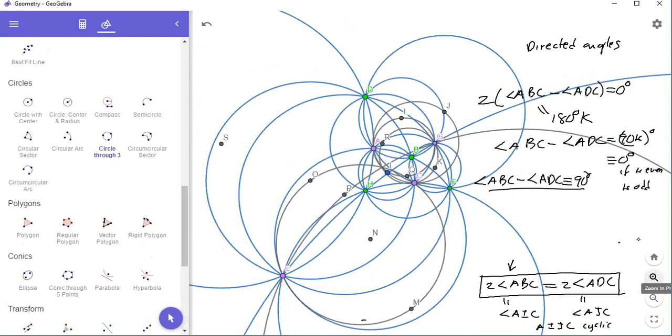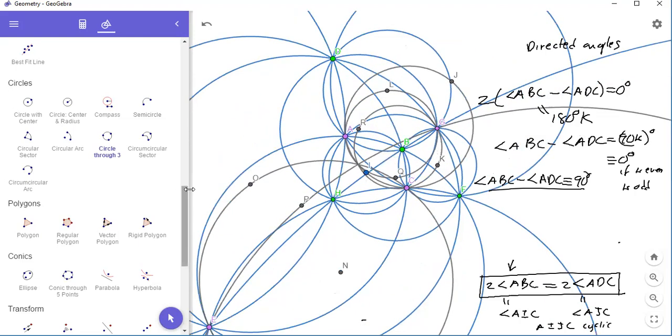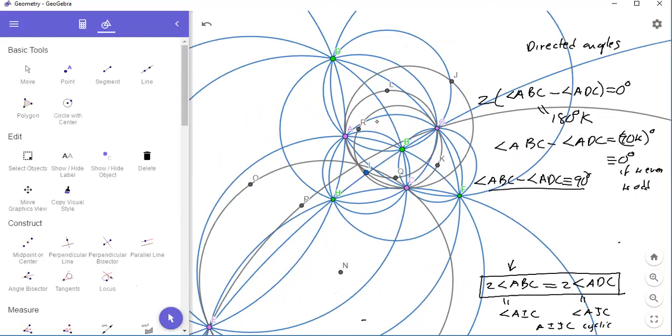I'm not sure if these are all the circles I wanted to draw. Let's see how many circles we have. So we're just going to paint all these circles purple.